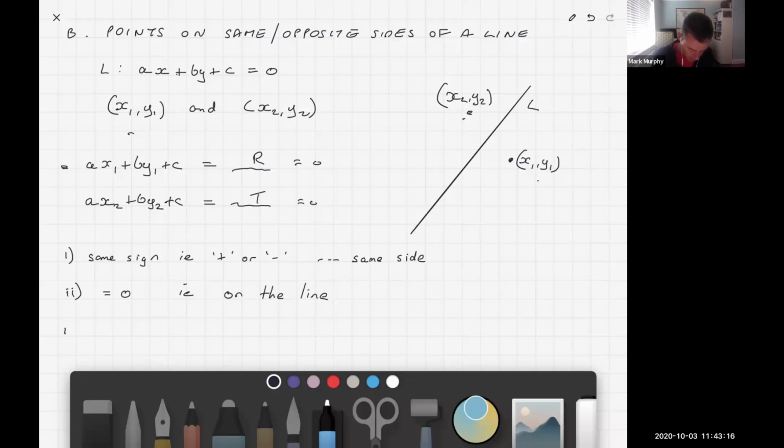And the third possible solution is if they have different signs, i.e. one is positive, the other is negative, then they're on opposite sides.